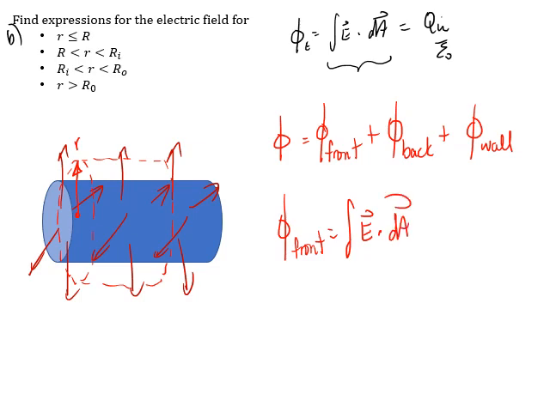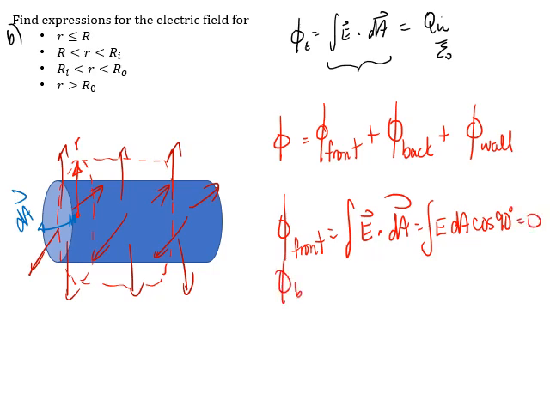The front face of the cylinder is right here. A little bit of area sticks radially out from the face. So the area vector and the electric field vector are perpendicular. So that's equal to the integral of E times dA times cosine 90 degrees, which gives us 0.